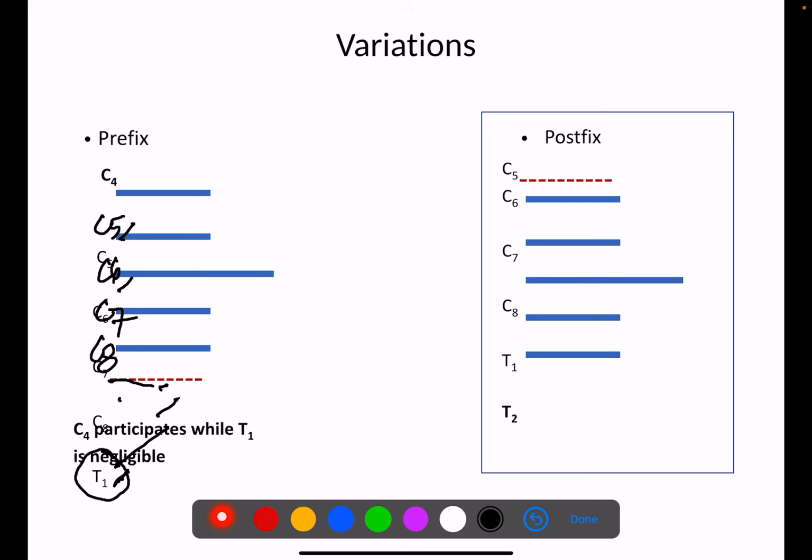The contribution from C5 is negligible, while C6, C7, C8, T1 and T2 participate in the formation, and the contribution from T2 is more.